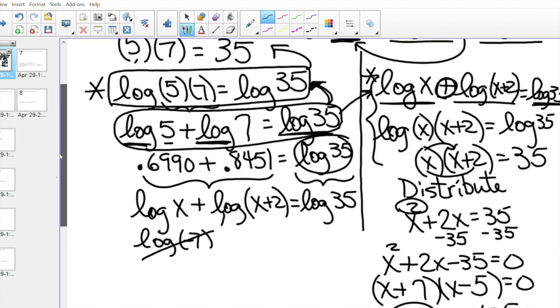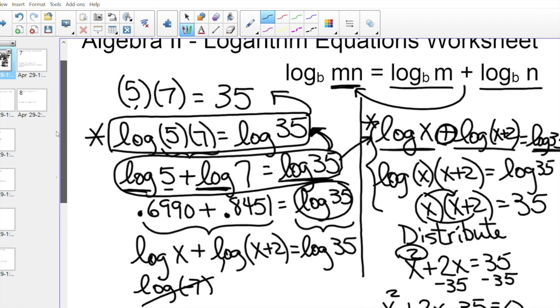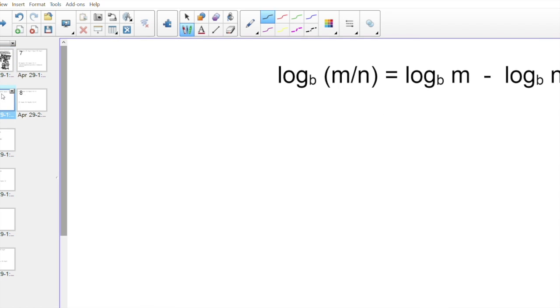Now, so Mr. Napier has this rule that the log of some base, when you're multiplying the two numbers, the rule is you take the logarithm of the first number and add it to the logarithm of the second number. Now that's multiplication. Division.